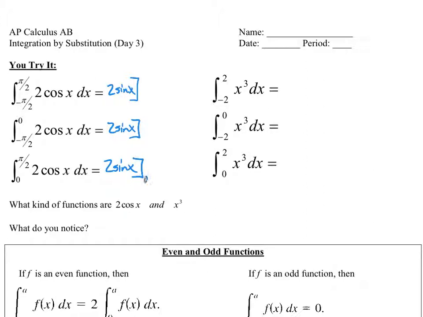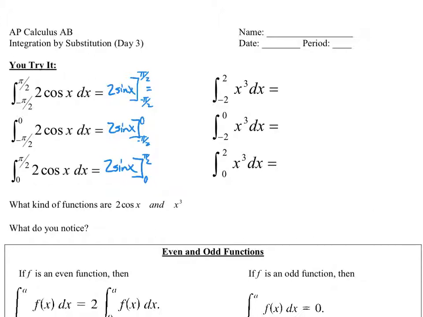So we have 0 to pi over 2. We have negative pi over 2 to 0. We have negative pi over 2 to pi over 2. Now, what is sine of pi over 2? 1. What's sine of a negative pi over 2?